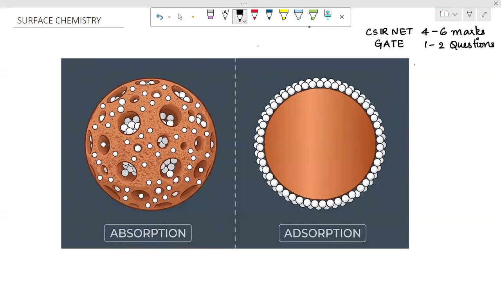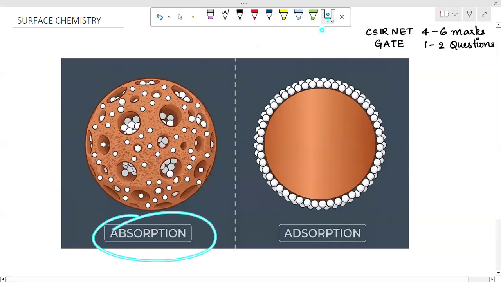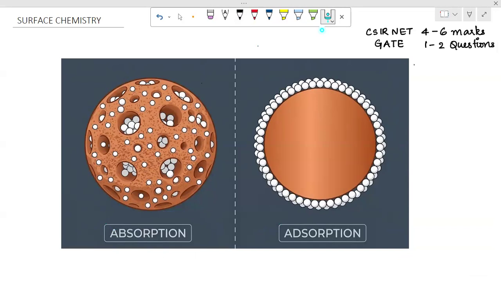We'll be starting with the difference between absorption and adsorption. If you can see, it is written at the bottom, absorption versus adsorption. Now, what is absorption? If you look at the images itself, it is very clear. Absorption means you have a certain substrate, shown in brown, cream color, that holds the molecules in such a way that they are assimilated through the bulk, meaning these white balls are entering into the bulk of the system.